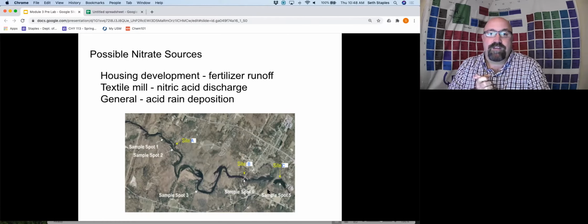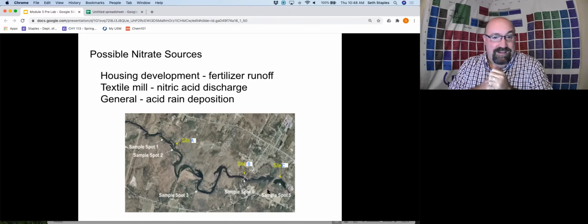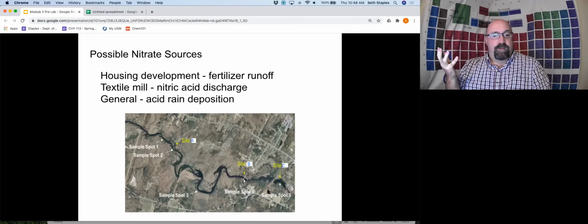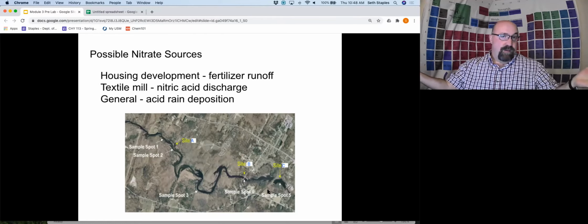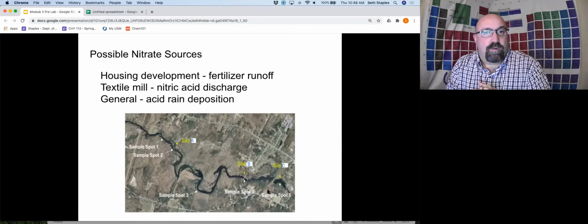And so we could very easily have some runoff coming from there entering into the river. The textile mill might directly be discharging nitric acid, possibly right into the river. And the formula for nitric acid is HNO3. Nitric acid is one of our strong acids, meaning it will completely dissociate into H+ and NO3-. And so there's a possible source of nitrates.